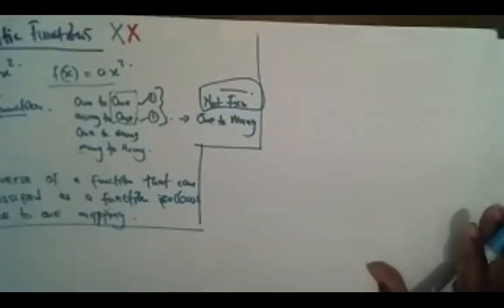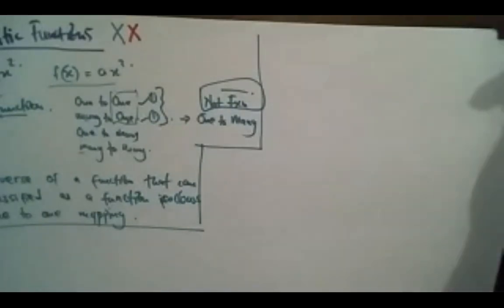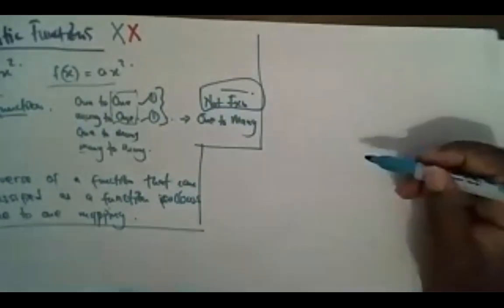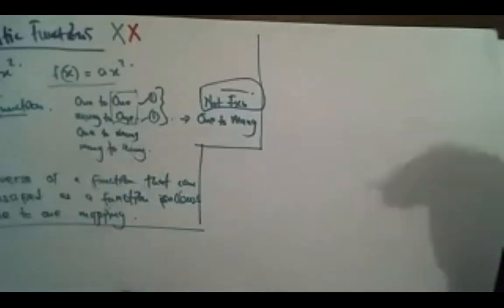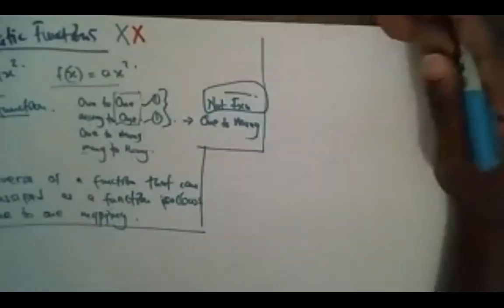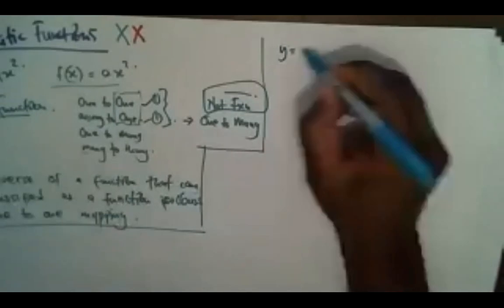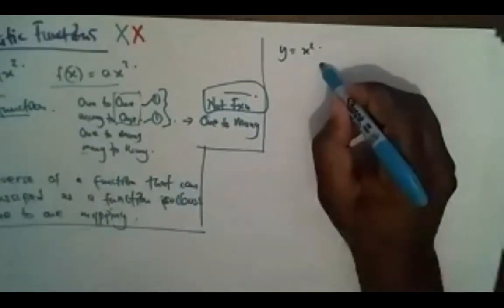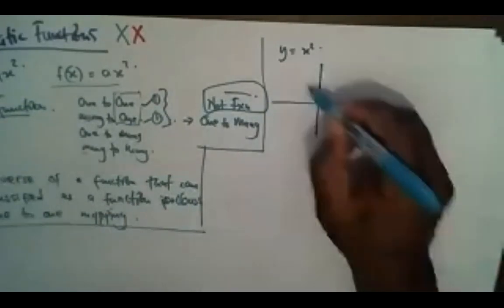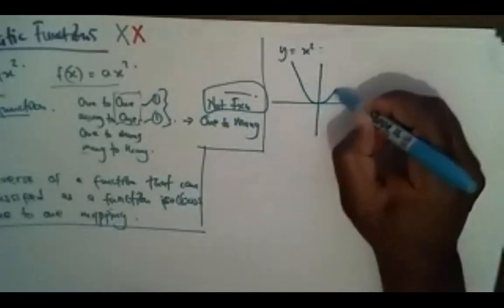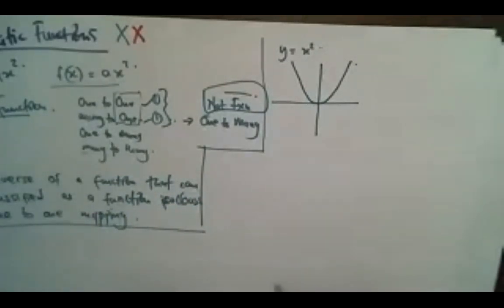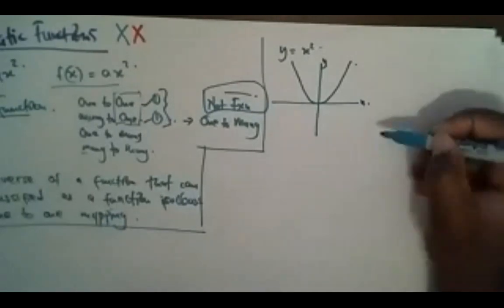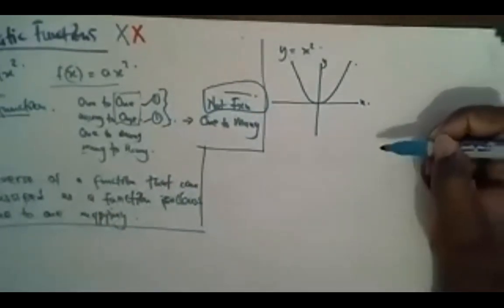So I'm going to write quadratic functions on this side. Do you know how to draw the graph of a quadratic function? If I have y is equal to x squared, I can draw the parabola. We all know how to draw a parabola. A parabola is written like this.